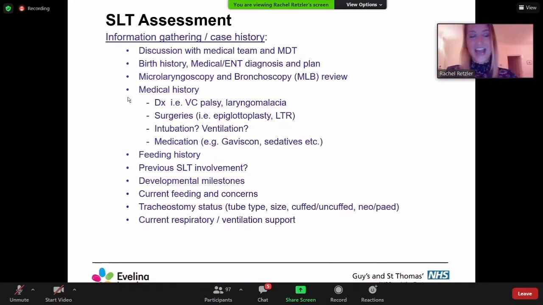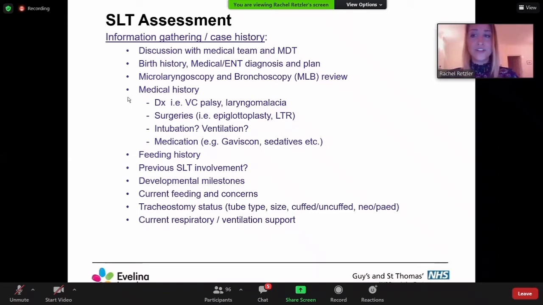When we are information gathering and looking at a case history, it's very important to discuss closely with your medical team and your MDT so that you're all on the same page about that child's history. We're looking at their birth history. For example, were they premature? Did they have a low birth weight, require ventilation? What's their medical and ENT diagnoses and plan?